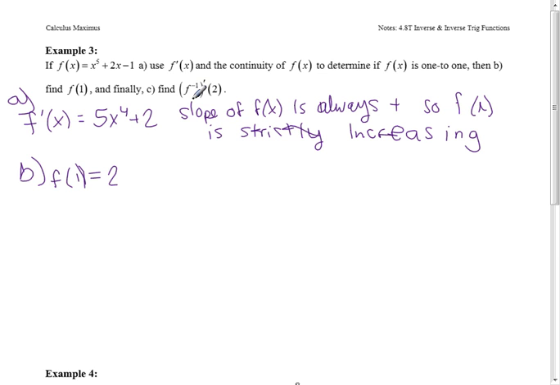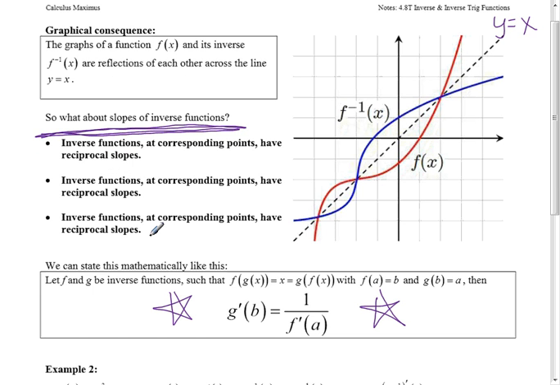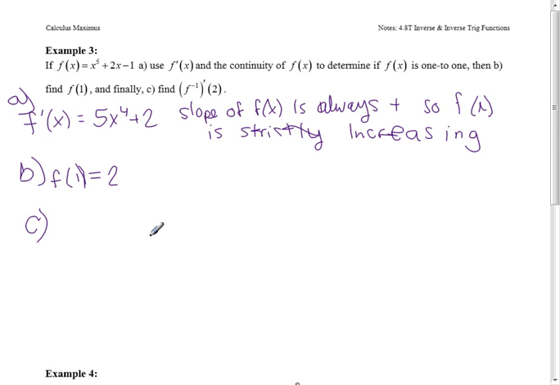If we're going to find the derivative of the inverse evaluated at 2, we remember here that inverse functions at corresponding points have reciprocal slopes.